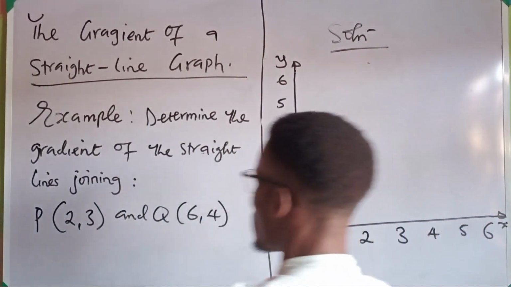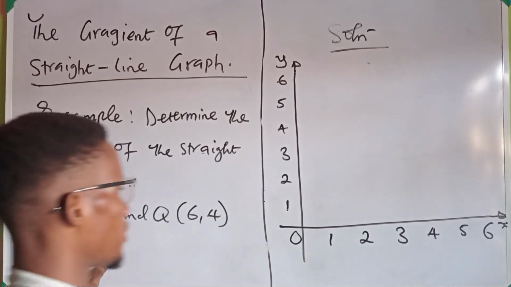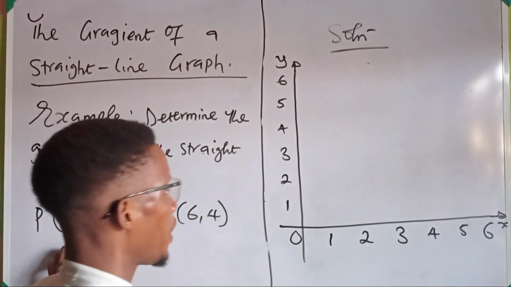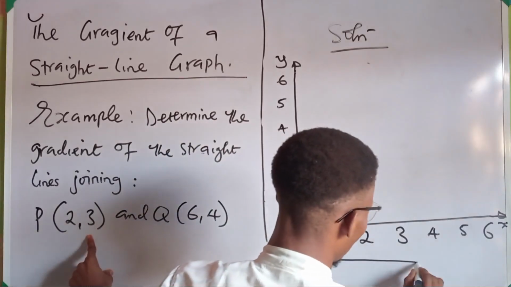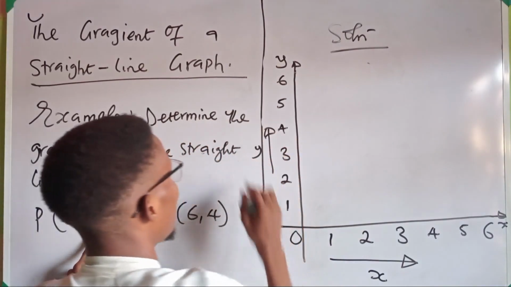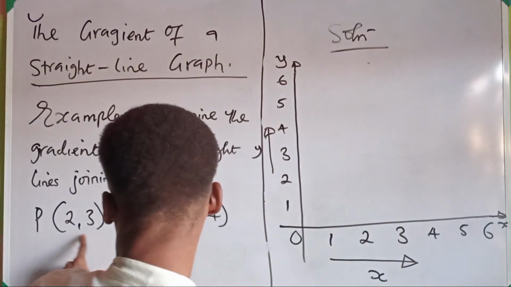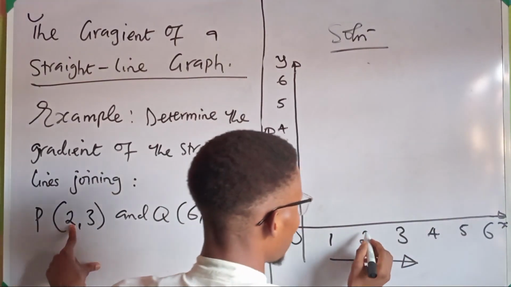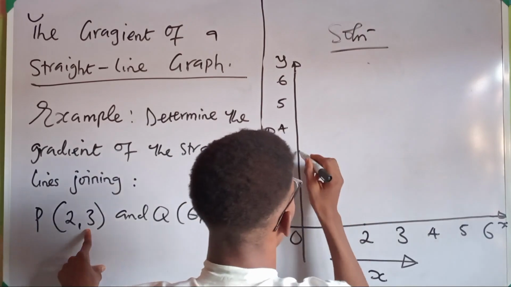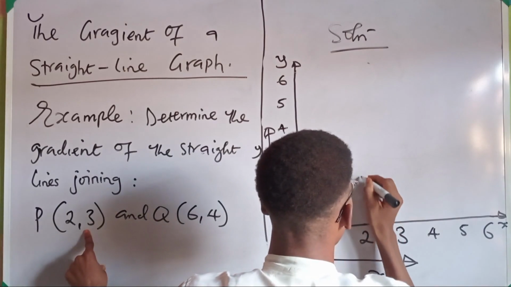Now we go back to the points. We are given this point P as (2, 3). When X is 2, Y is 3. Remember, here is X and here is Y. So when X is 2, Y is 3.